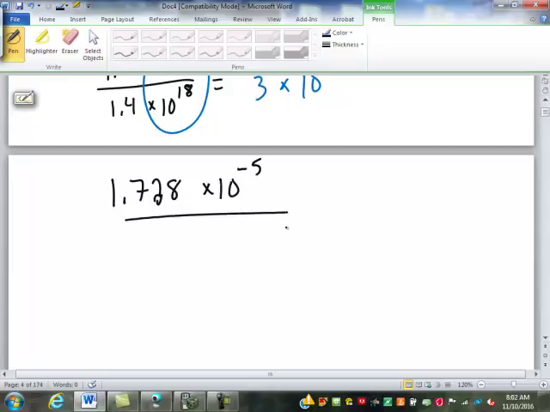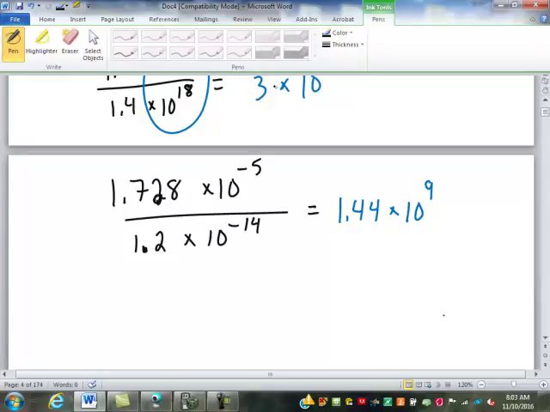So we might have 1.728 times 10 to the negative 5th divided by 1.2 times 10 to the negative 14th. 1.728 divided by 1.2 is 1.44. 10 to the negative 5th divided by 10 to the negative 14th. Negative 5 minus a negative 14 is positive 9. Very good. Now, just like we've had with addition, subtraction, and multiplication, we can have answers where we have to adjust it.